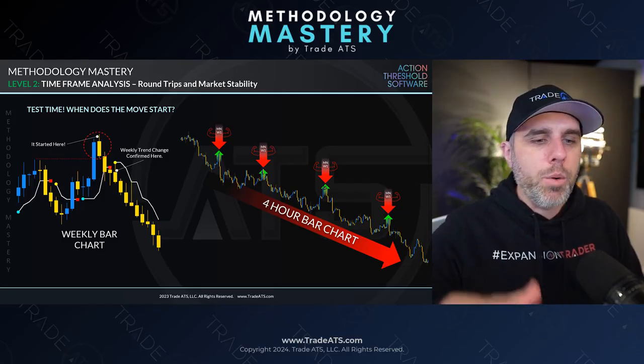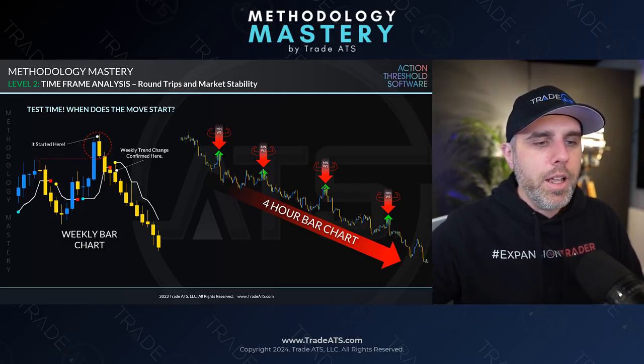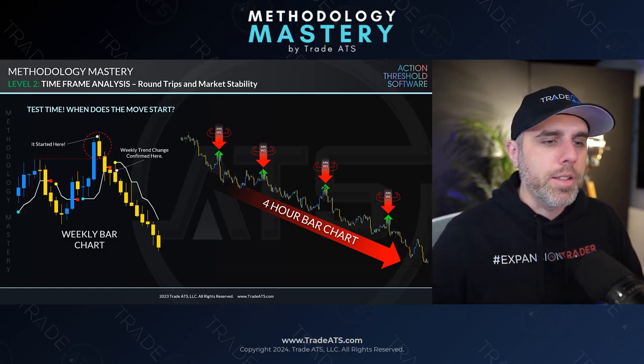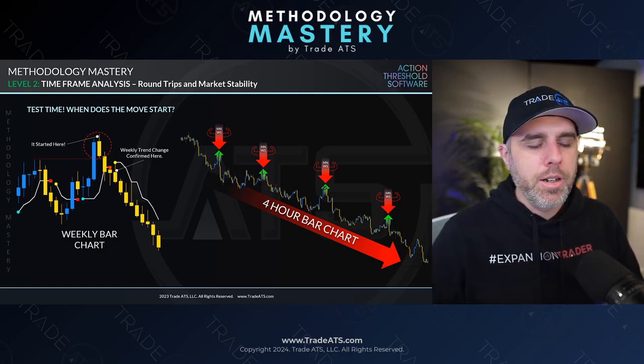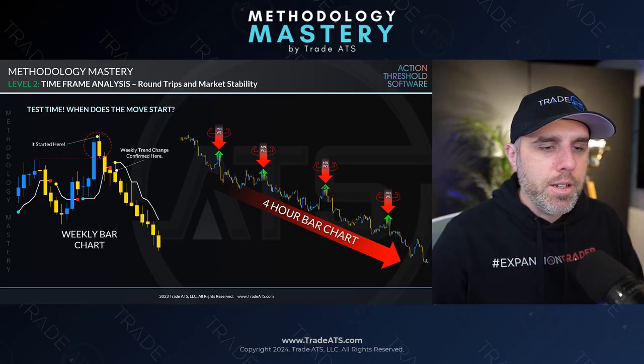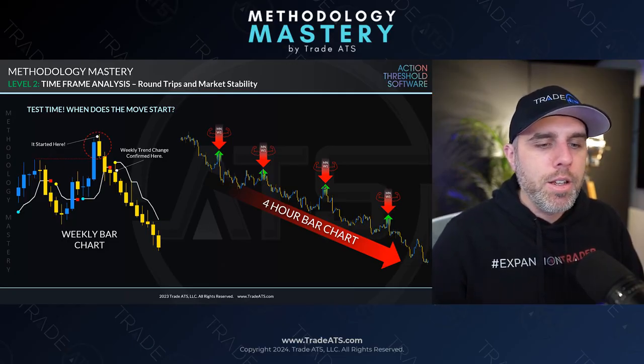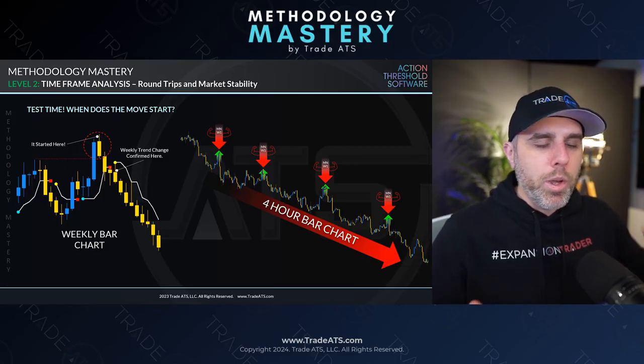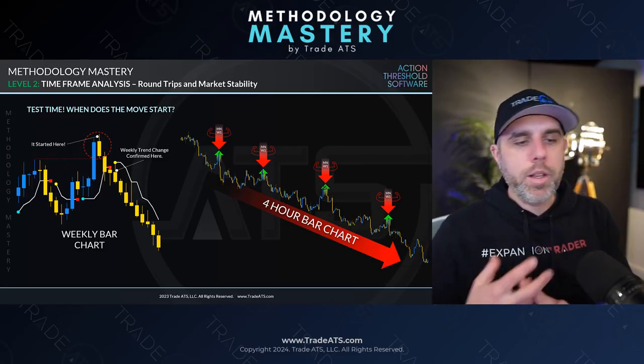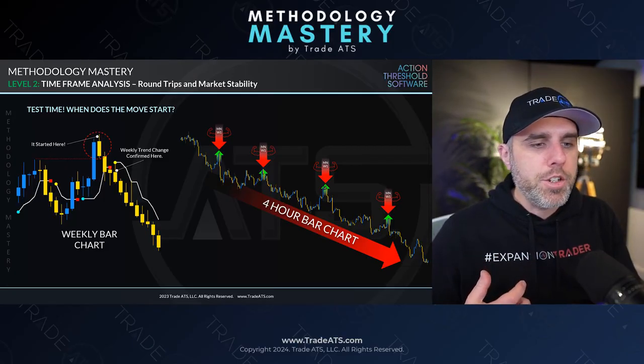Because at the end of the day, what we're trying to answer through this lesson is trusting trends. That's the big question here. If we can trust the trend, then our overvalued or undervalued entries feel a lot safer. We're willing to put more positions in. We're willing to go a little heavier on those positions.